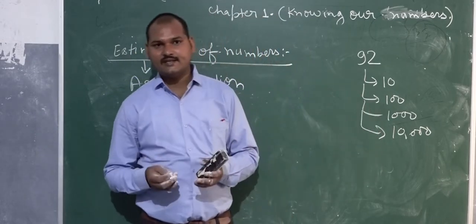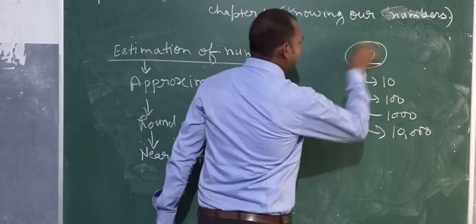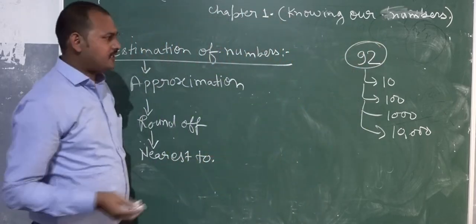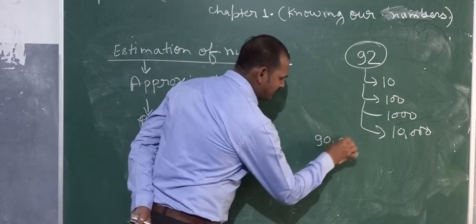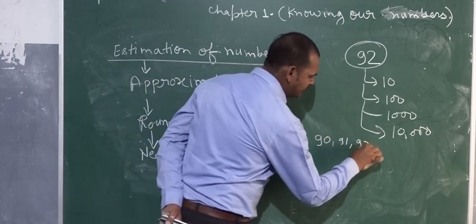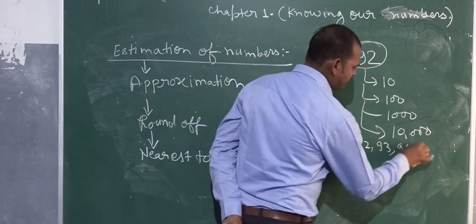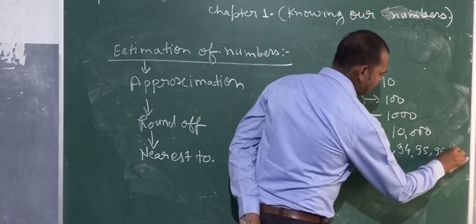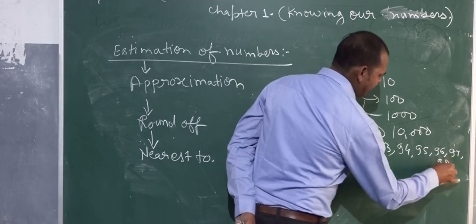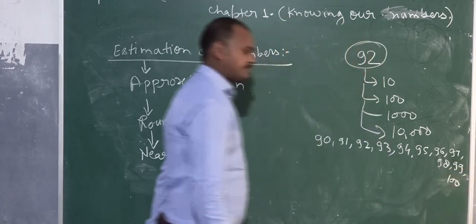Find the nearest 10. We write the values before 92 and after 92. We write 90, 91, 92, 93, 94, 95, 96, 97, 98, 99 and then 100.